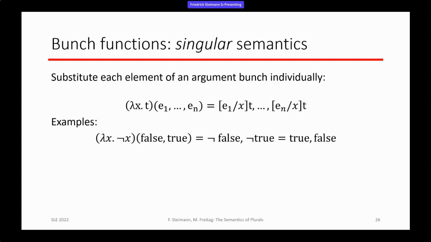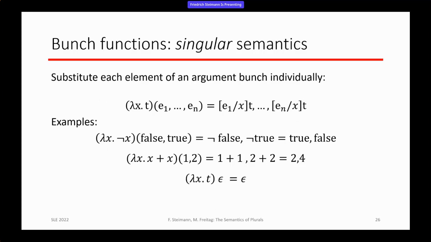For instance, negation: if I apply this negation function to false and true, I get true and false. Or in another example from the previous slide, if I apply the function x plus x to 1 and 2, I get 1 plus 1 and 2 plus 2, which is 2 and 4.